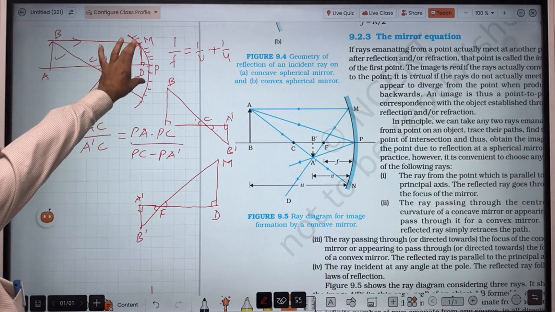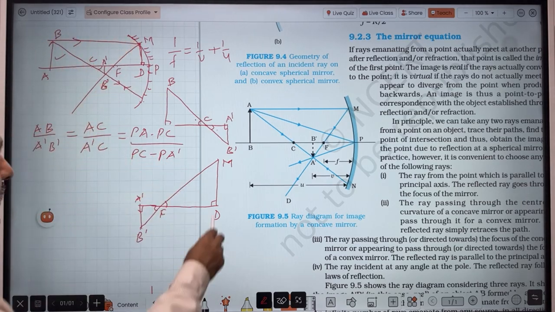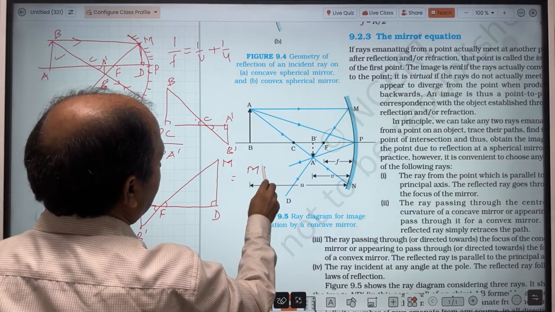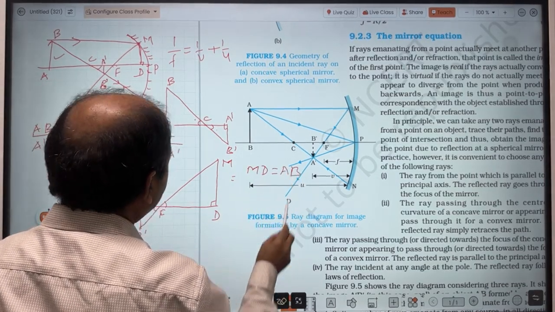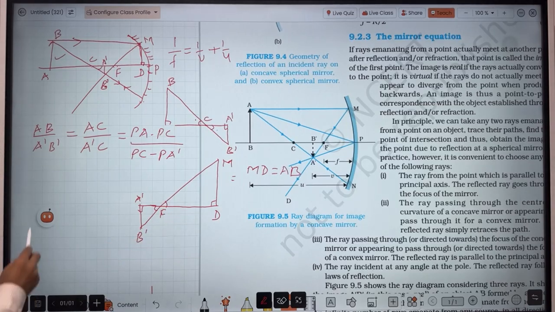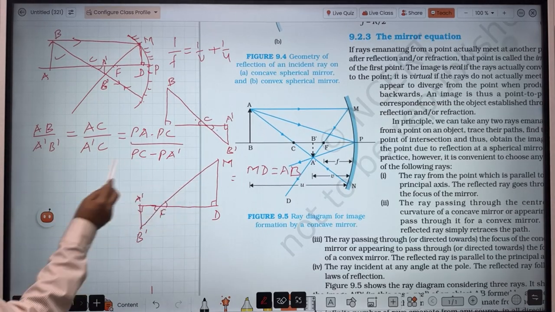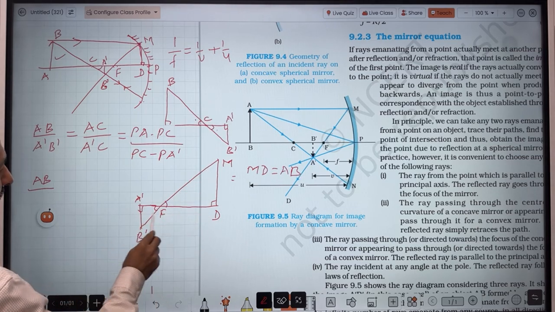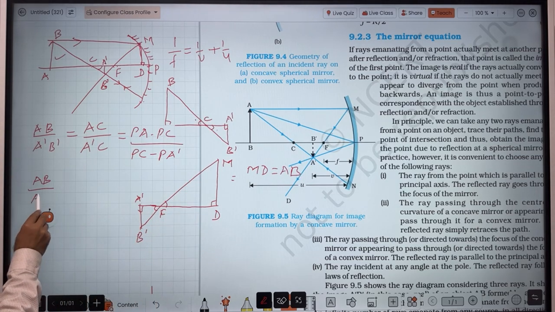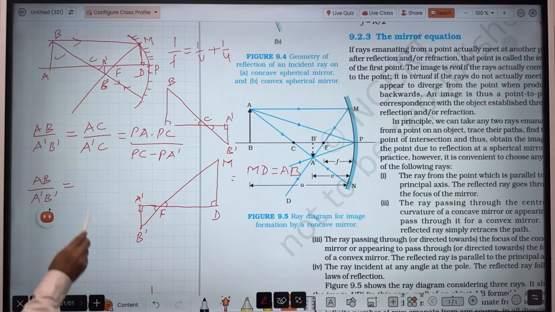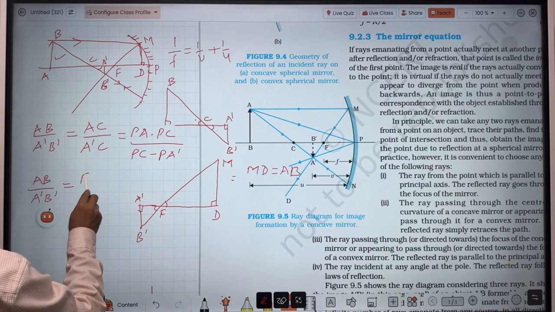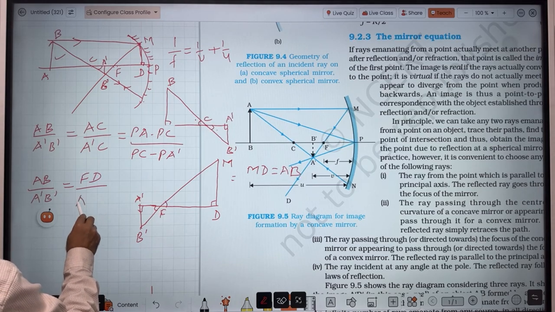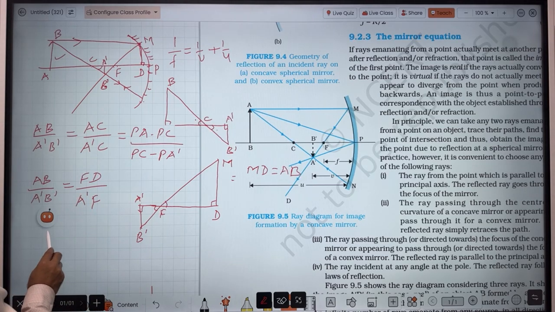Why? Distance between parallel lines remains constant. So MD is the same as AB. So again we consider this ratio. So we write AB divided by A dash B dash, perpendicular of the first divided by perpendicular of the second, equal to the base of the first, FD, divided by the base of the second, A dash F.